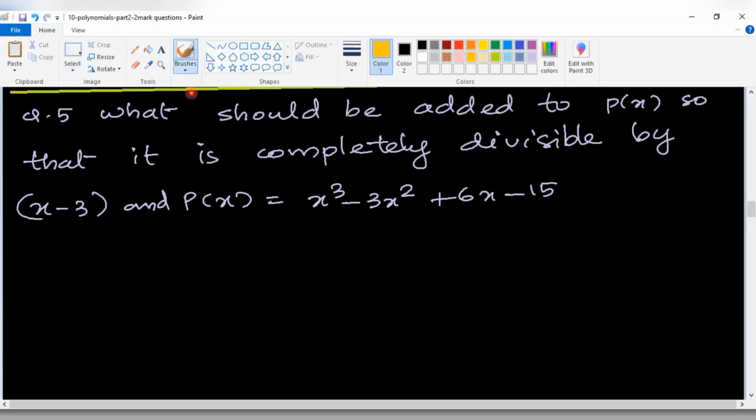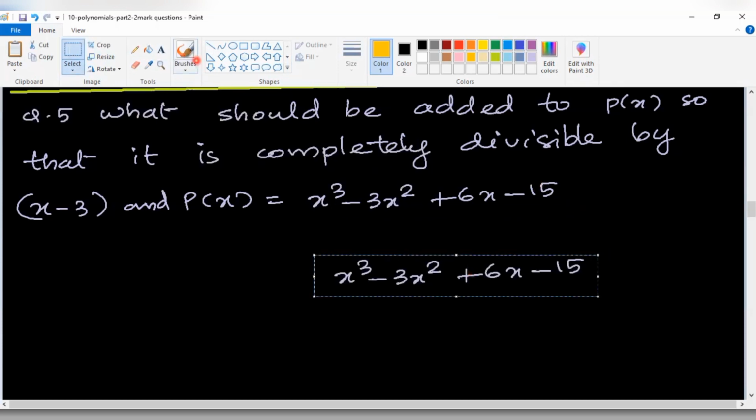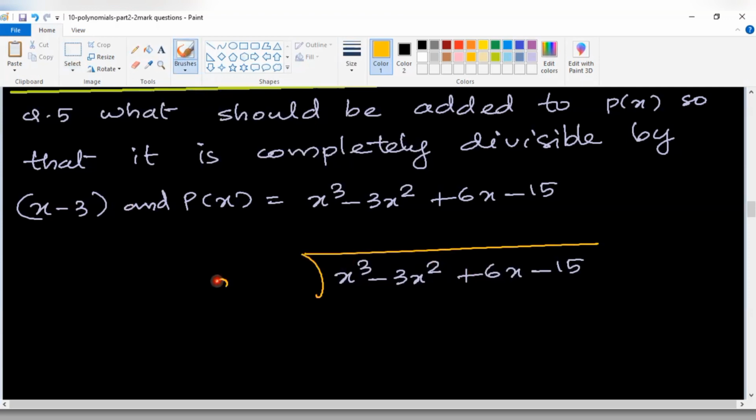So P of x is given here. We have to divide this by x minus 3. Here x cube and here x. We know x cube divided by x gives x square.